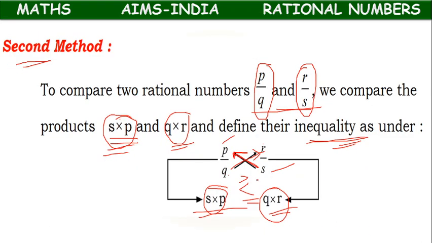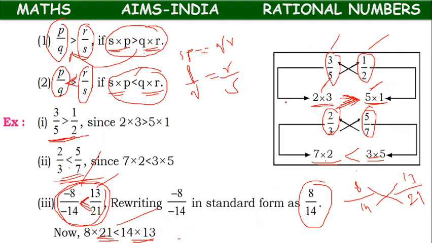So what is the second method, children? In the second method, by cross multiplication, first numerator with second denominator, SP; second numerator with first denominator, QR. By comparing the products, we can guess the comparison of rational numbers. According to the behavior of the products, the behavior of the rational numbers will depend.